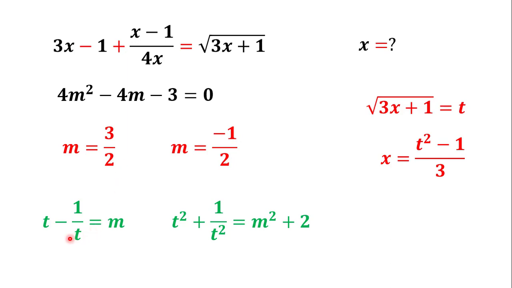Now we need to use this equation, t minus 1 over t equals m, and we write t minus 1 over t equals 3 over 2 or t minus 1 over t equals minus 1 over 2.